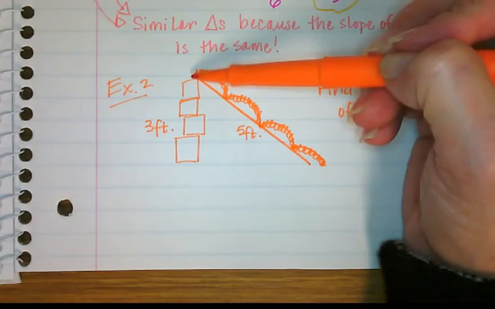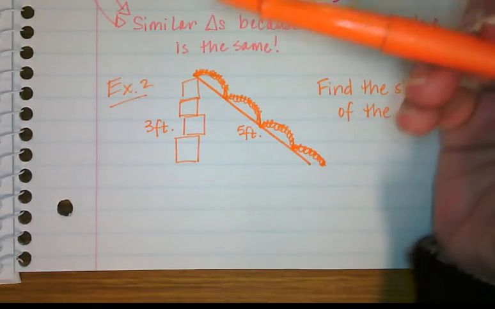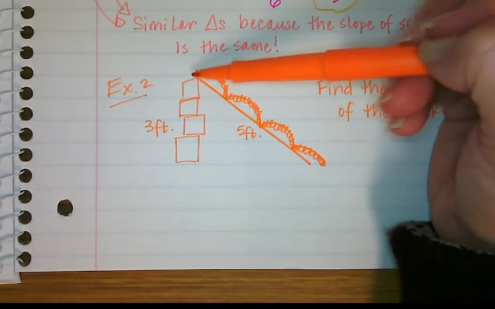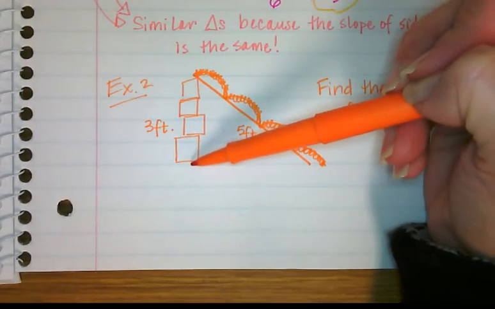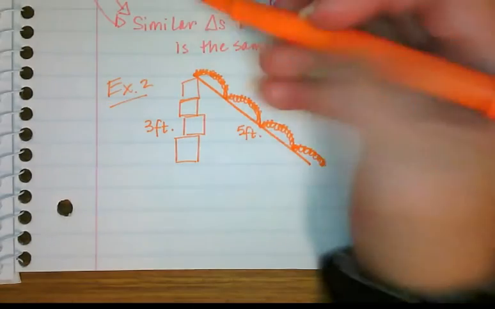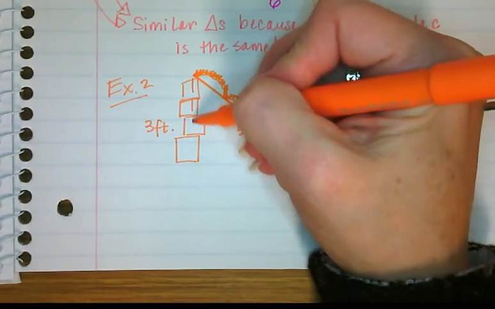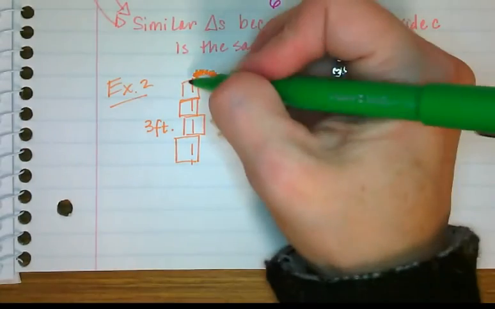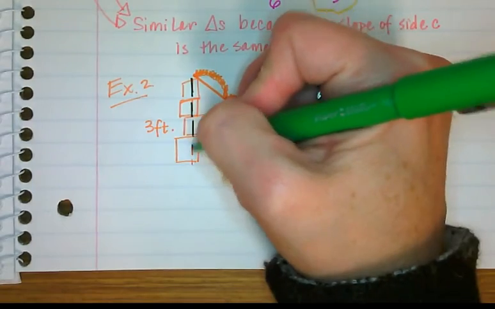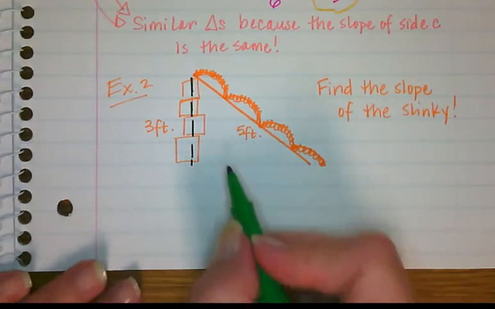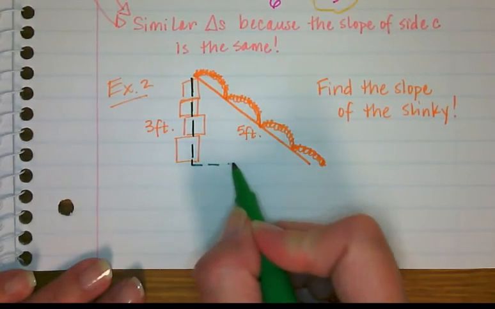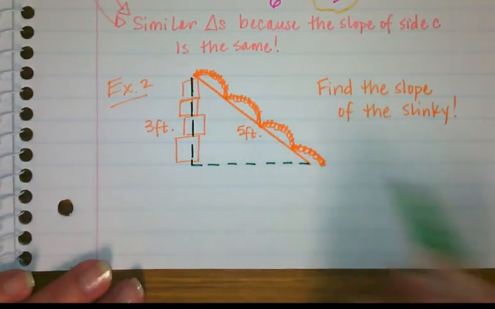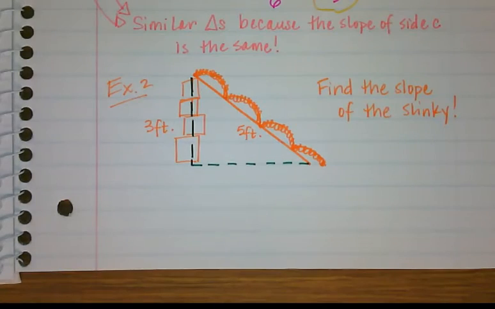So the slinky is moving down, so we need to go down and over. So we can see that the slinky is going to go down 3 feet. Let me do that in another color. So the slinky is going to go down 3 feet. What we don't know is how far over the slinky is going to go.